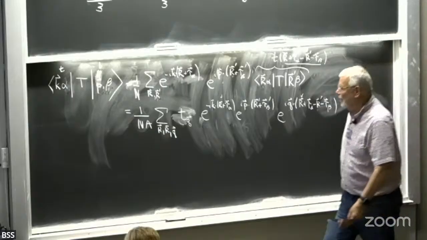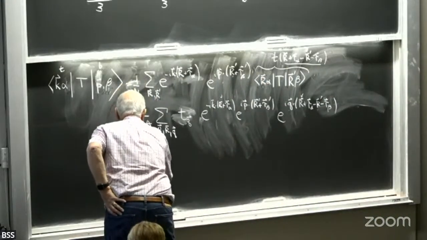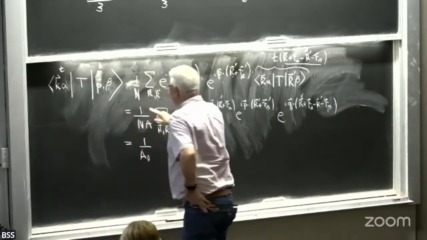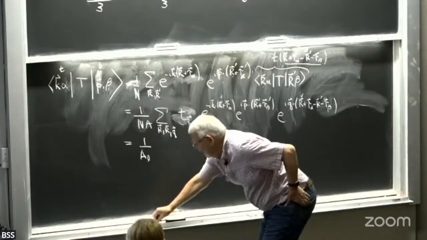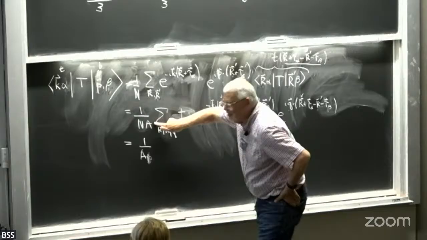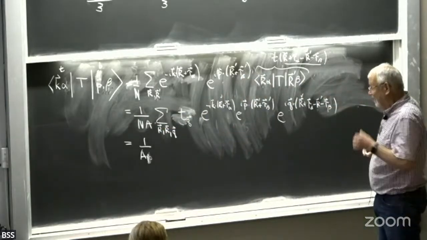And so this is equal to, actually I get 1 over A naught. I have 1 over n times A, and I have two factors of n, the number of lattice sites, and n divided by the entire area is 1 over the unit cell area.